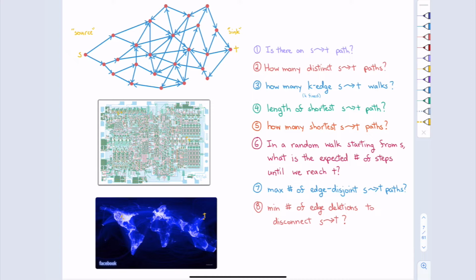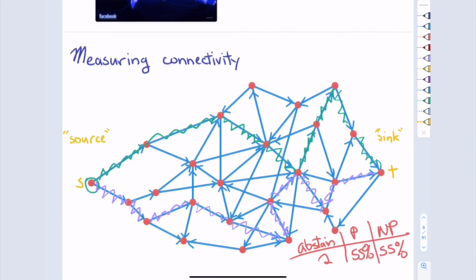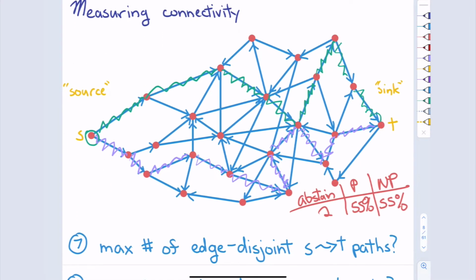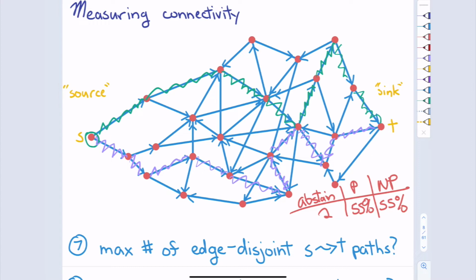But out of this list, we focused in on the last two questions: the maximum number of edge disjoint paths and the minimum number of edges in an ST cut. So for the edge disjoint path problem, we had a graph, and I was just trying to find paths from left to right that don't share any edges.